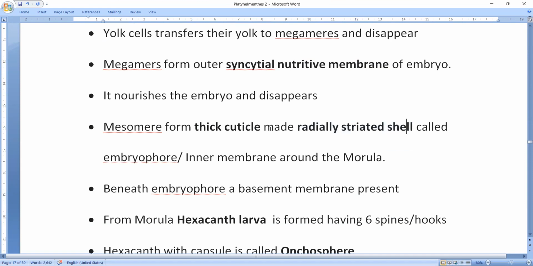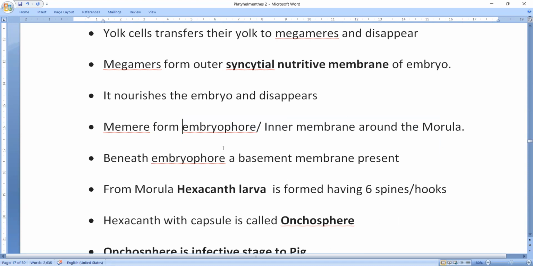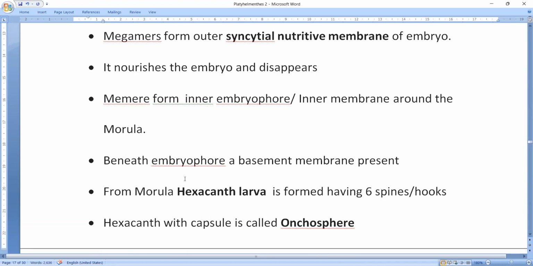Mesomeres form the inner embryophore around the morula. Beneath the embryophore, the basement membrane is present.